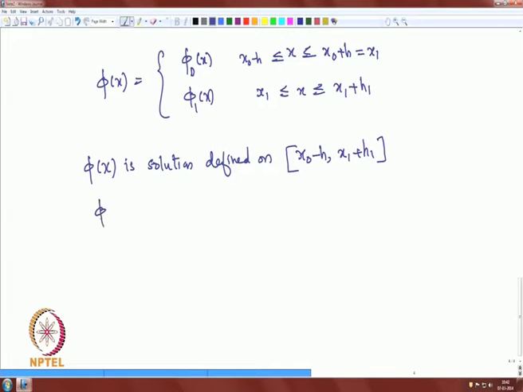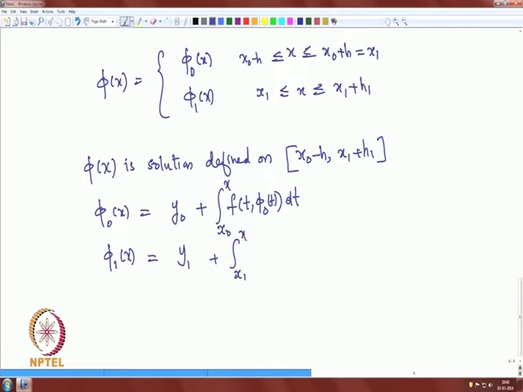If we write down the formula for phi 0 x, by the basic lemma, it is y 0, that was the initial condition, plus integral x 0 to x f of t, phi 0 t dt, and phi 1 x is equal to, starting from y 1, plus integral x 1 to x f of t, phi 1 t dt.